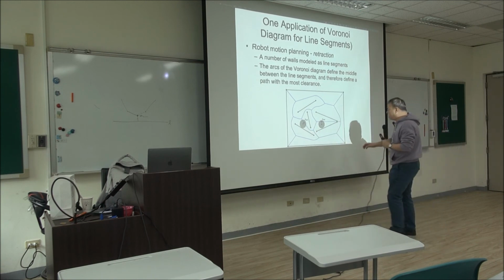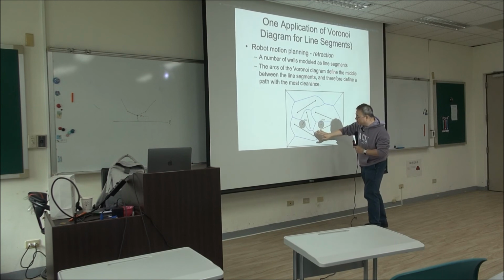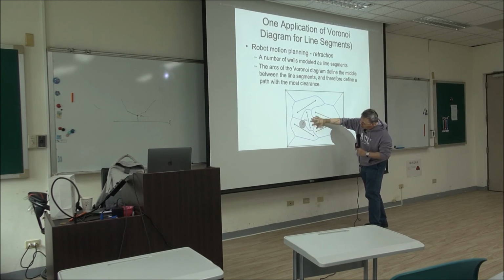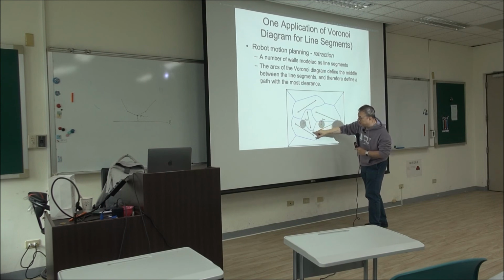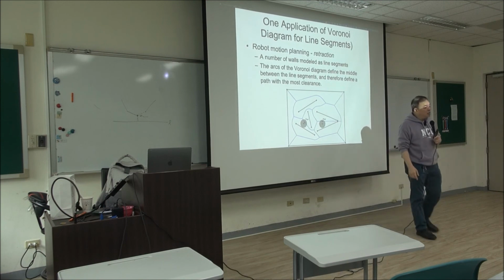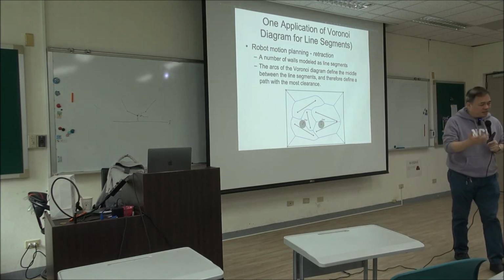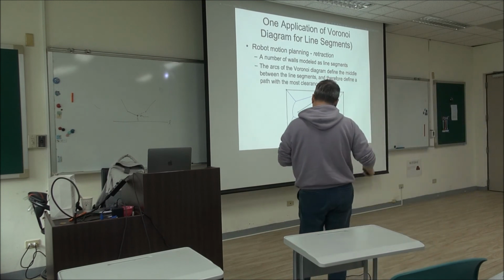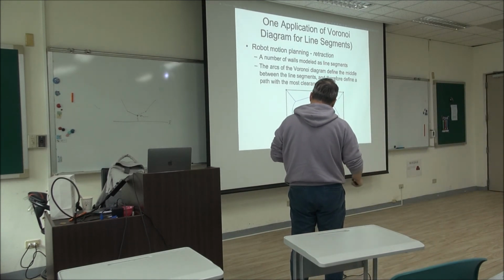So we will remove this one, probably not here either, so maybe this one. Okay, so that's the basic idea. The robot motion planning can be done in this manner.